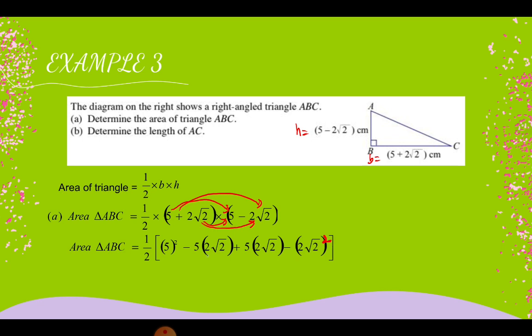And then negative 10 surd 2 plus 10 surd 2, which will give us 0. So basically, the remaining is half times 25 minus 8, which gives us the area of ABC is 17 over 2 centimeter squared. Okay, simple.